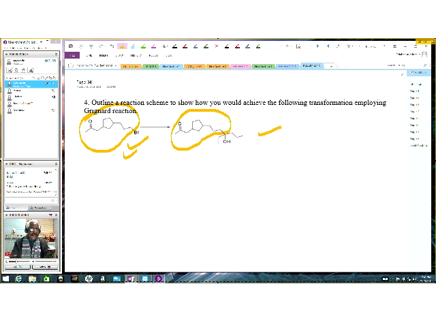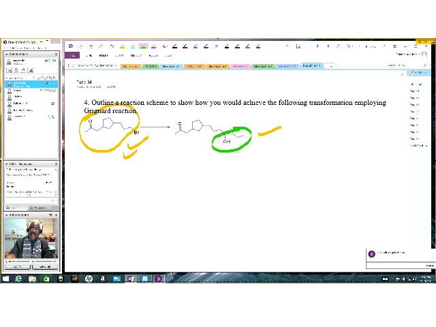A ketone, exactly. Excellent. So what will be the ketone? The ketone part will be this part of the molecule right here. So it is almost obvious at this point that the ketone will be something like this here.